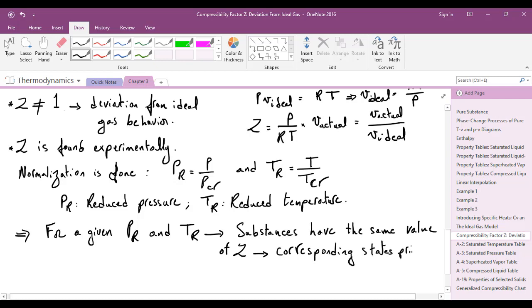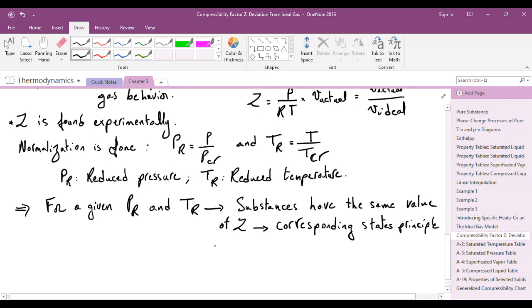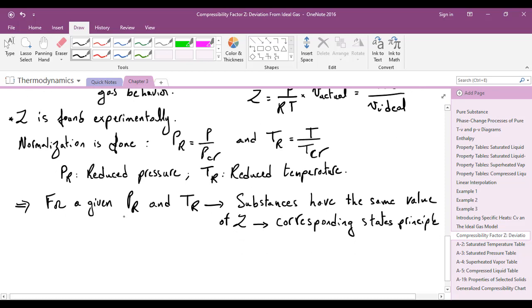So it means that the data for different substances collapse into the same graph, and this graph is called the general compressibility chart.